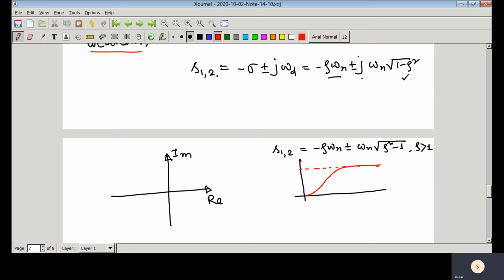This is the overdamped case, and here you can see this is time and this is the output y(t). And what are the pole locations? Both of them are actually real poles, and here you can see that zeta is greater than 1. So both of them are real poles and they are lying in the left half of the s plane. So this case is actually the overdamped case.